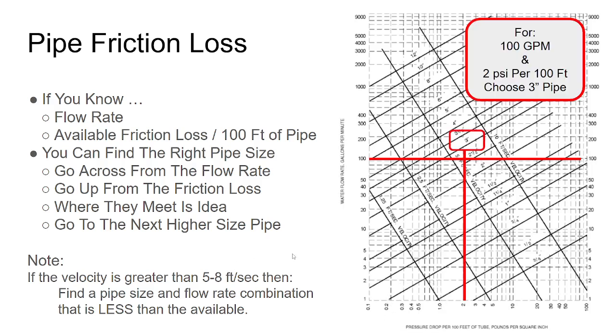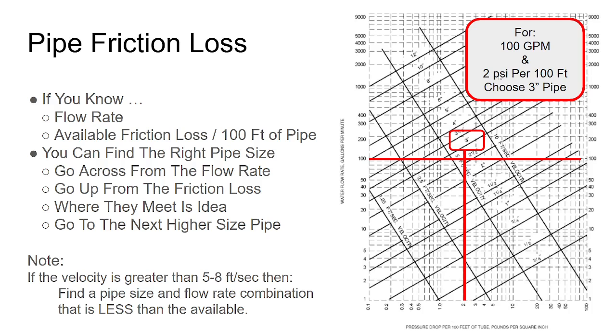So let's go through that one more time. If I know the flow rate, 100 GPM, and I know my friction loss available, in this example 2 psi per 100 feet of pipe, I go across on the flow rate. There's my water, gallons per minute. There's my 100. So I draw a line straight across. And I find my friction loss on the bottom.